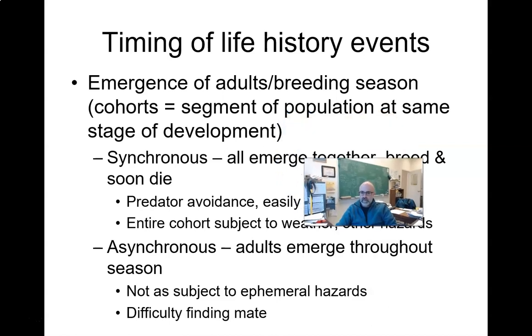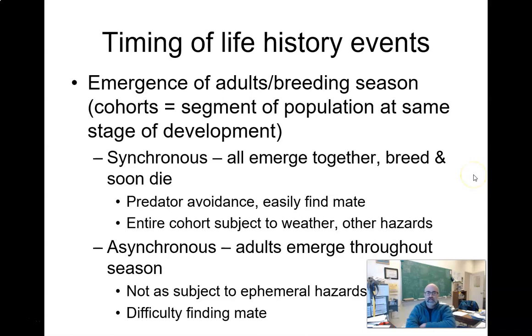Another interesting aspect of insect ecology is this idea of synchronicity of life history events. Adults emerge in cohorts, with all eggs laid at one time and growing up in a given cohort.